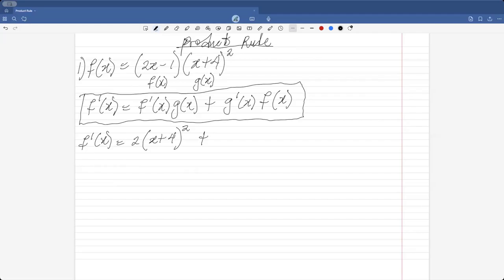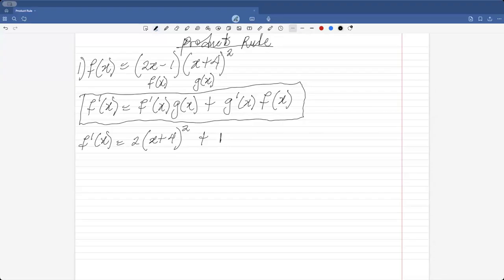So in this case, we have the inside function and the outside function.